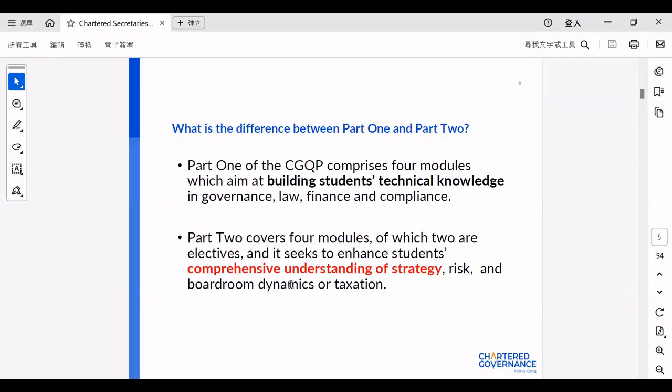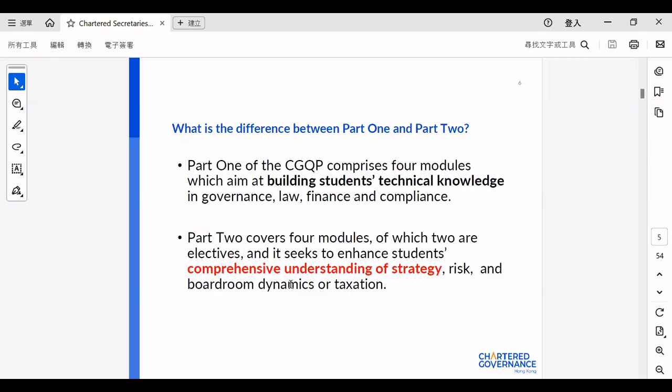Now, for Part 2, we have four subjects, as you know: risk management, strategic management, boardroom dynamics, and so on. It seeks to enhance your understanding of strategy, risk, boardroom dynamics, or taxation.